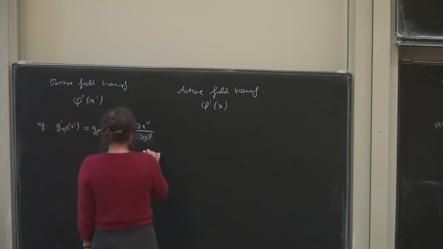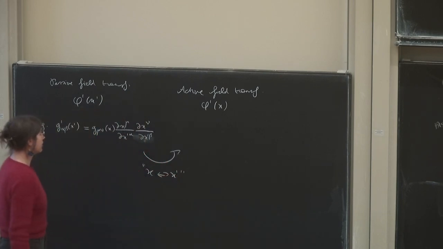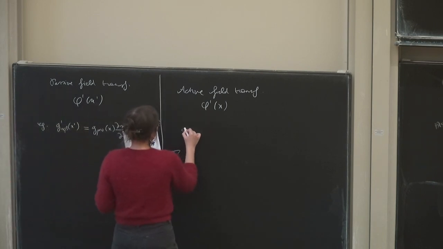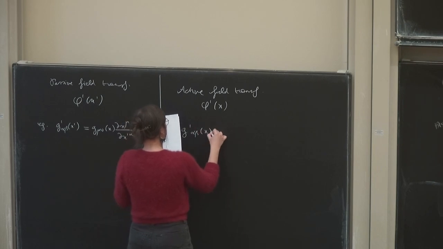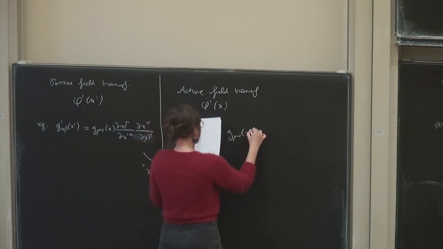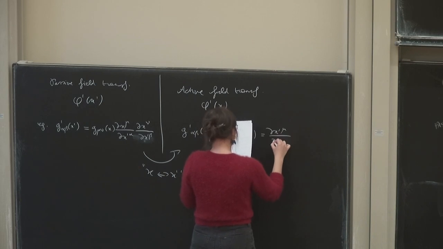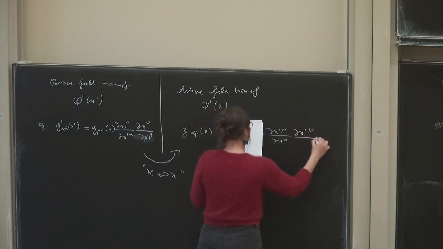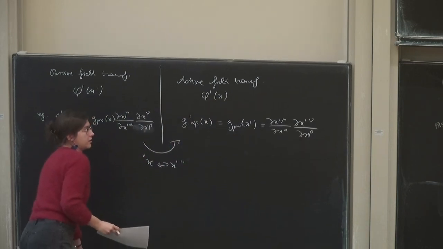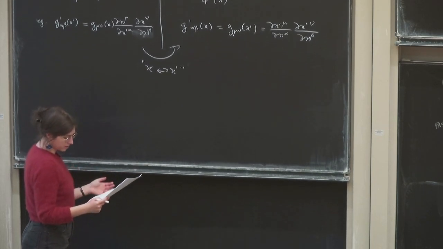Okay, and so, as I mentioned, the trick to find the active version of the statement is to just effectively change x and x prime. And this is the part that I want to explain why it's true, based on understanding the mechanism there. Okay. So here I just apply this trick without really knowing why I'm allowed to apply this trick.